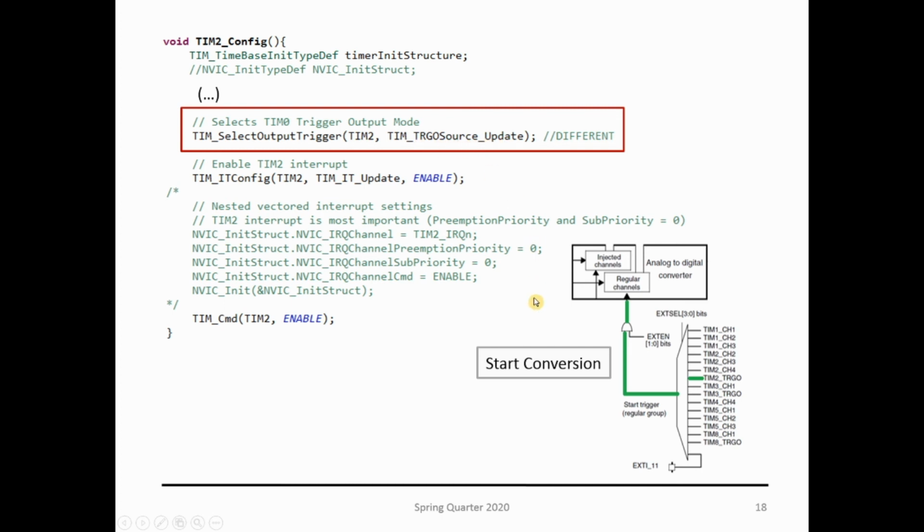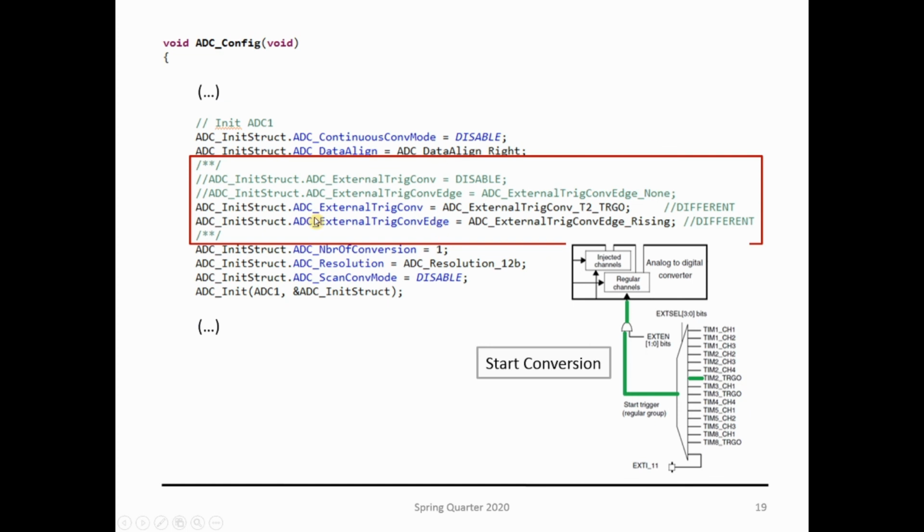Now I go to my ADC and comment the external trigger, and the external trigger now comes from the trigger source of timer 2 and the rising edge of the timer. And that's how you connect both of them on a temperature sensor.